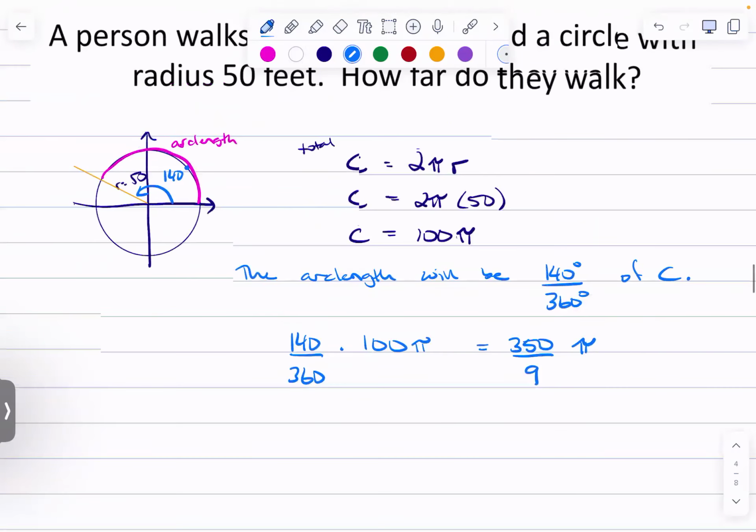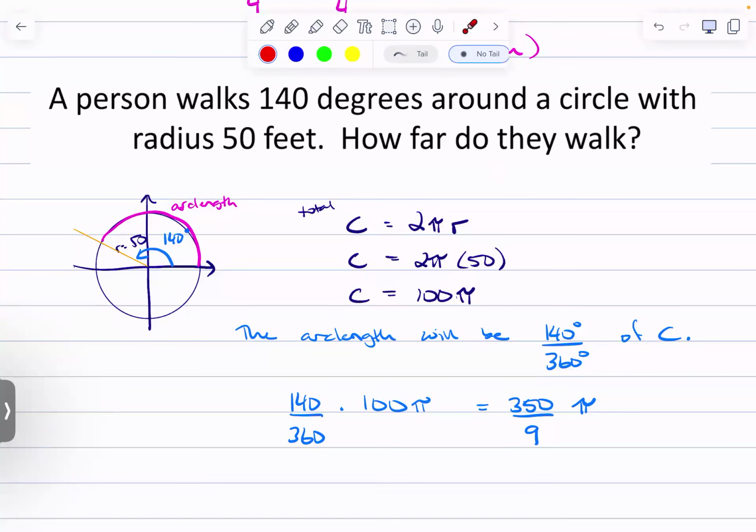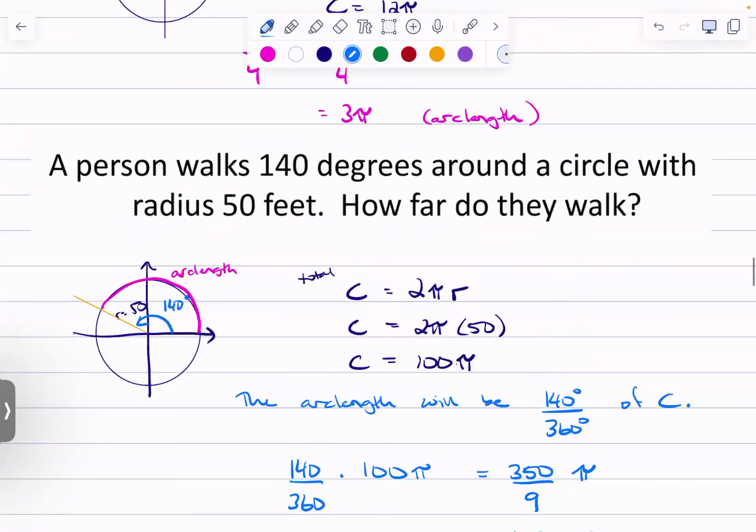That's how far they walk? Well, that's hard to wrap your head around. Did you say 122? Nice. 122.173 feet.